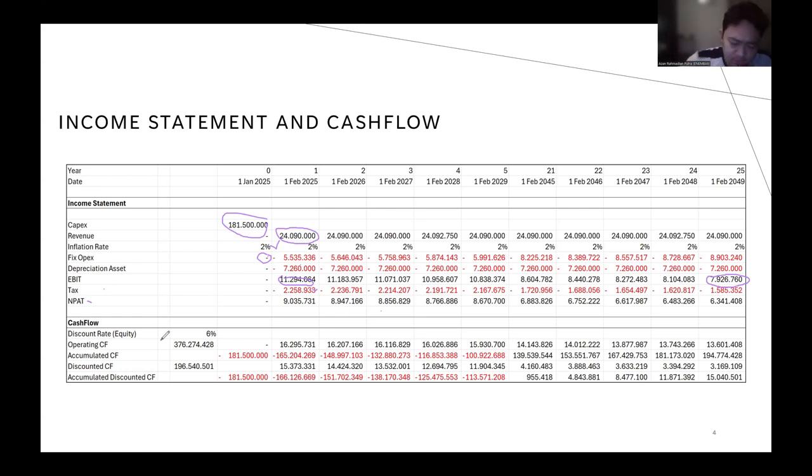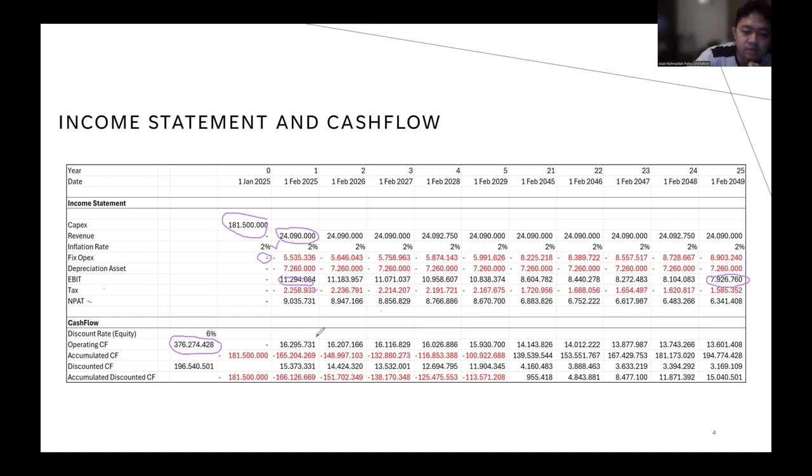Because the assumption from the case is that the shareholders' required return is more than 6%, I put the discount rate at 6% because they already expect higher than 6%. Then the total operating cash flow here is 37.6 million US dollars.